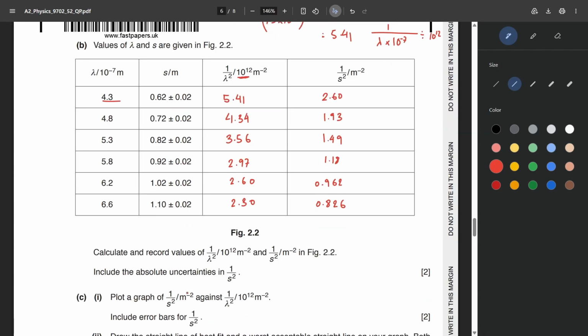Now, to find the values of the absolute uncertainties, we can simply use the equation for uncertainty. The uncertainty in 1 over s square: the value 1 over s square only depends on s. So the uncertainty would have an equation like this. The absolute uncertainty over the value will be equal to the absolute uncertainty in s over the value of s.